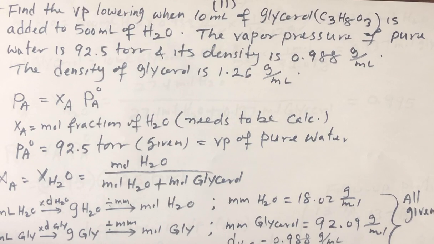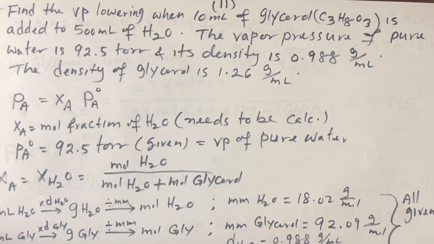Okay, so this sample problem is about 10 milliliters of glycerol, C3H8O3, being added to 500 milliliters of water. The vapor pressure of water is 92.5 torr, and the density of water at that temperature is 0.988 gram per milliliter.